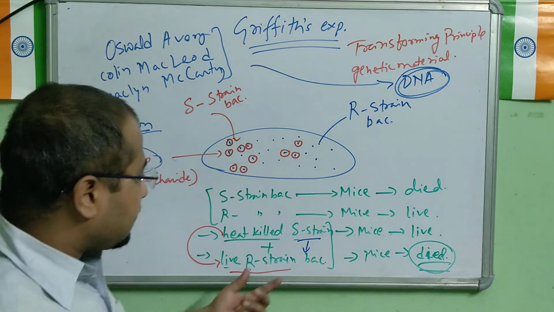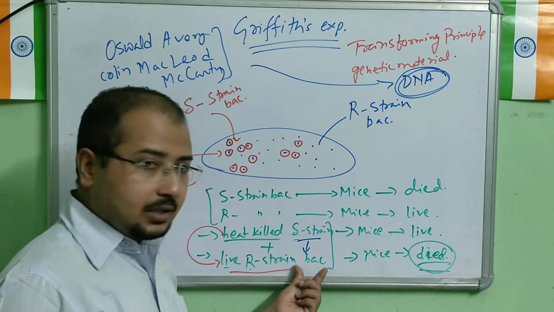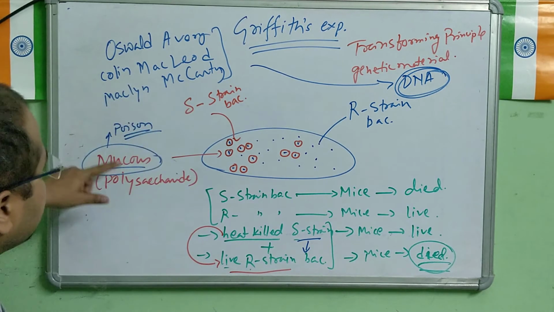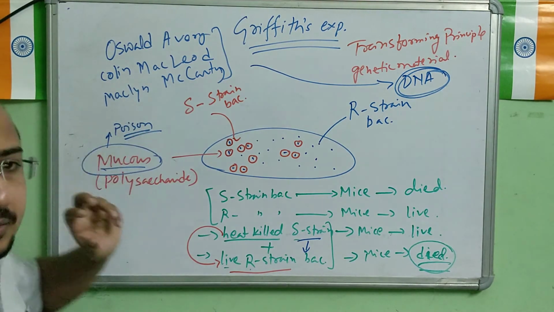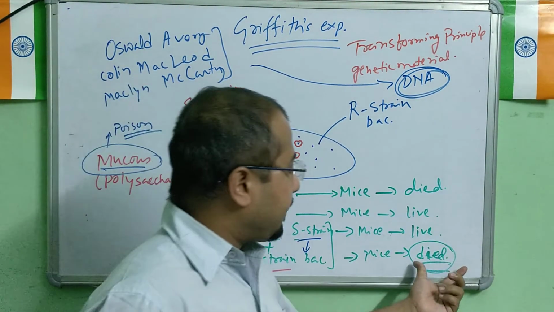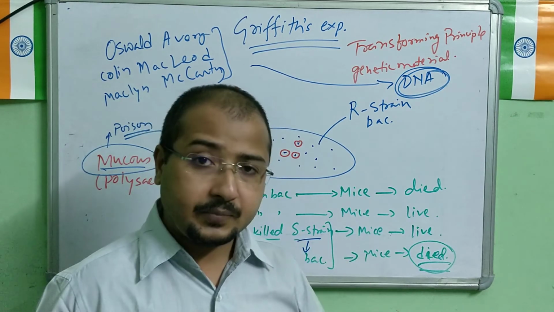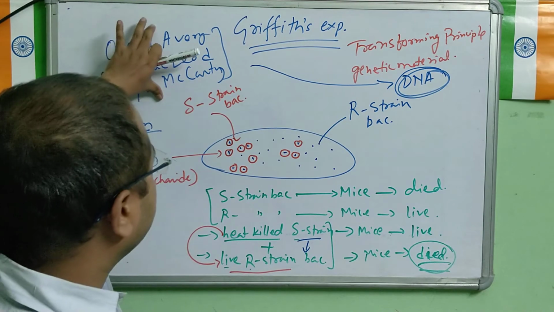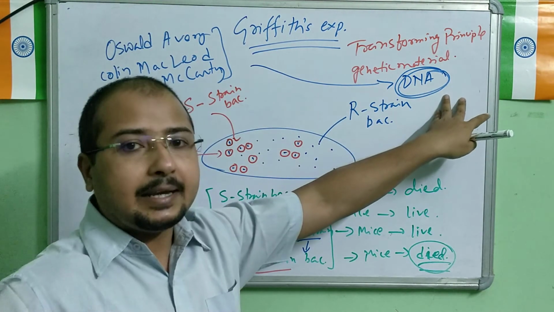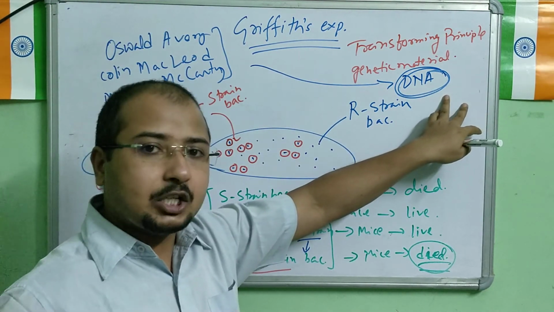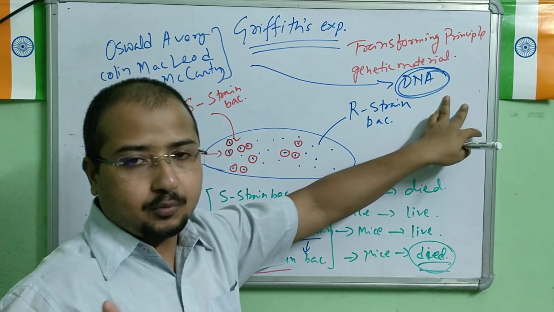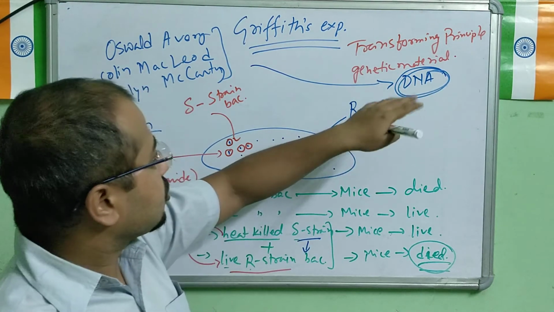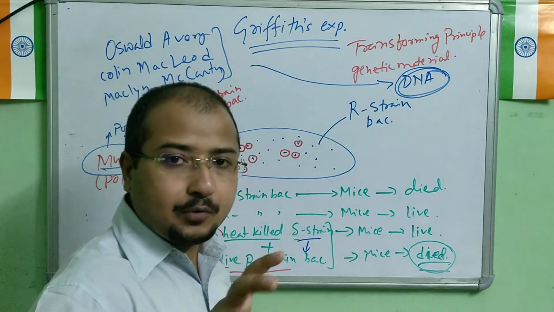So when the DNA transferred here, it transforms the genetic substances in the R strain bacteria and helps in producing this mucus layer poison, which ultimately kills the mice. So this was about Griffith's experiment and the three people who ultimately told about the DNA, which could not be said specifically by Griffith.